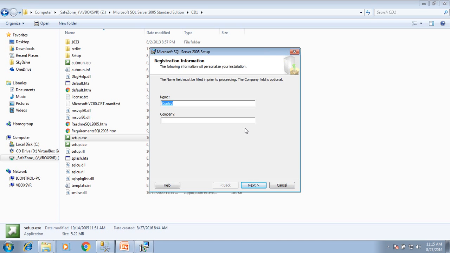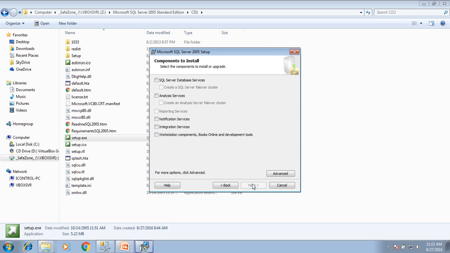Registration, click next. Now, instead of checking all the services, just choose SQL Server Database because this is the only service that will be installed for a new instance.